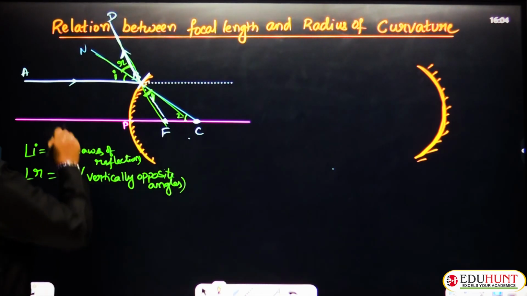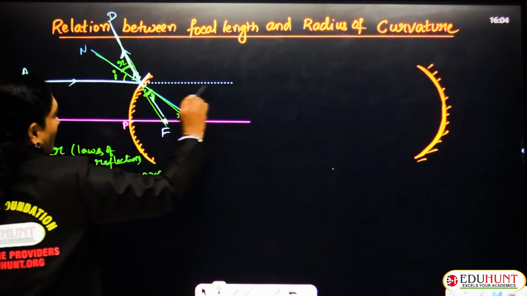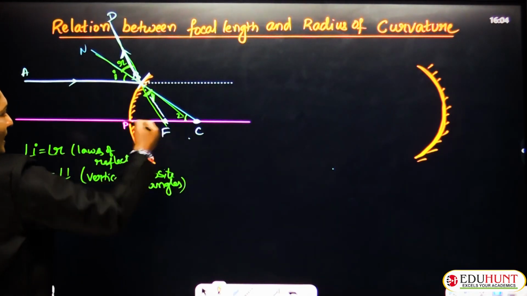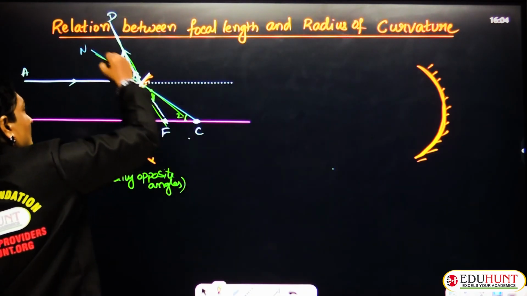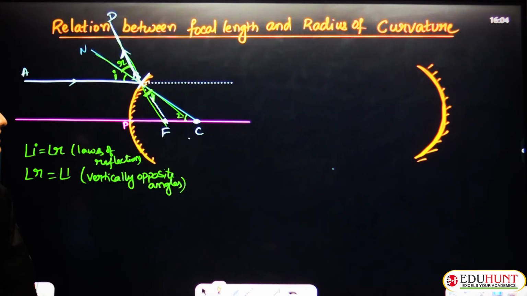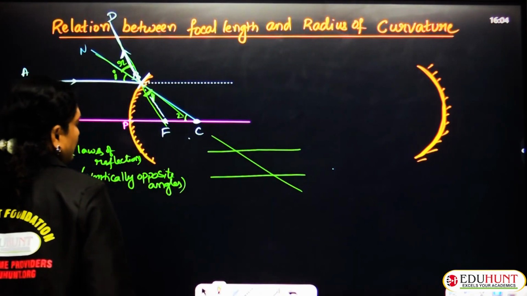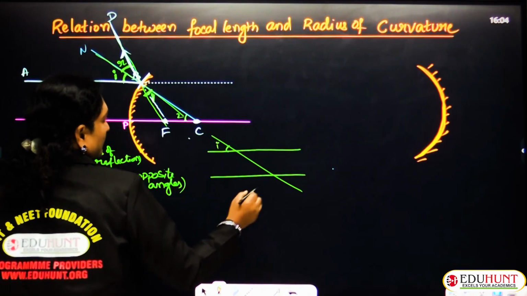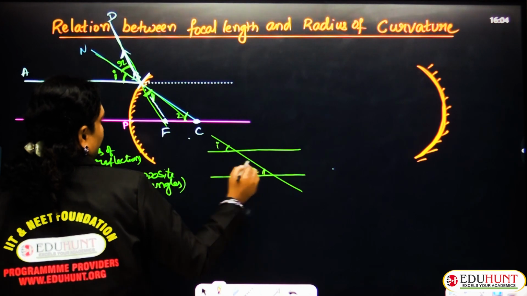One more point: if you produce the AB line ahead, we observe that this AB line is parallel to the principal axis. If two lines are parallel and NC is an intersecting line for AB and the axis, then we observe that this portion is I, and this portion here is equal to 2.